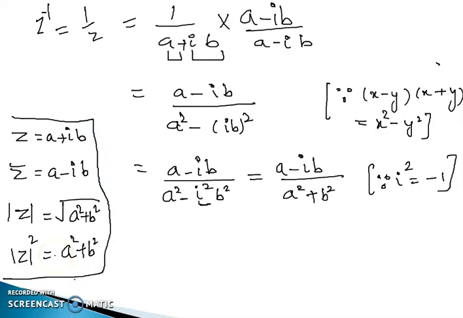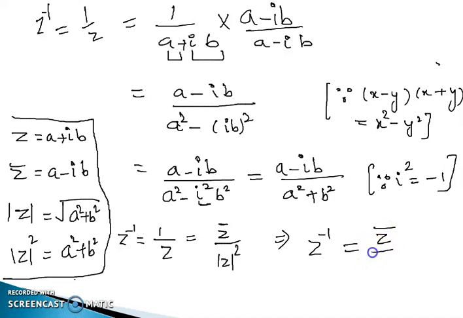So this means 1 upon z, which is z inverse, can be written as a minus iota b upon a square plus b square, which is z bar upon mod z square. So z inverse can also be written as z bar upon mod z square.